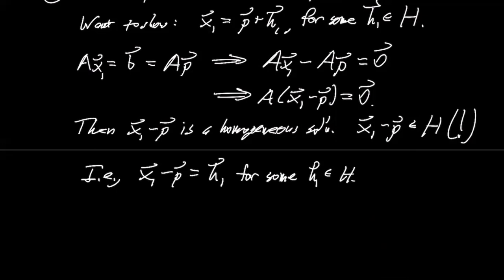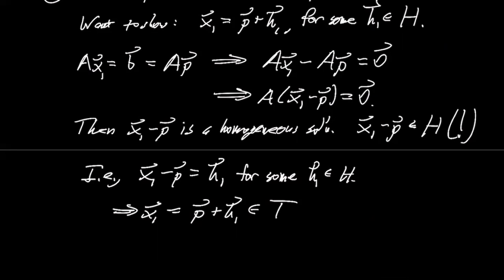And then we're almost done, because we just add the p back over to the other side, and that means that x1 equals p plus h1, where p is this particular solution and h1 lives in H. And by definition, this is something that lives in the set we call T, right? T was the set of all things of the form p plus h, particular plus homogeneous.